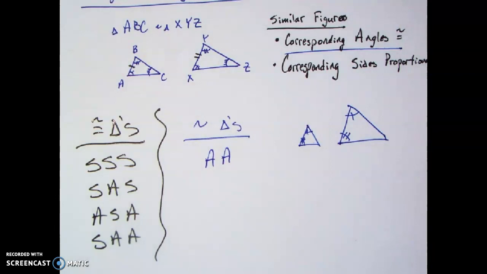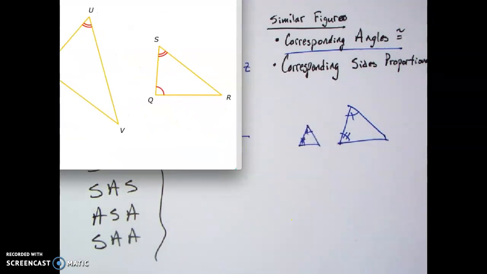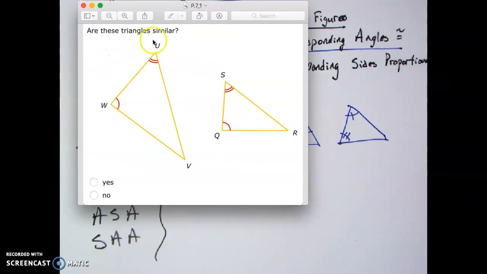In our very first example that we're looking at, we're asked, are these 2 triangles similar? Well, because angle U and angle S are congruent, and angle W and angle Q are congruent, that's enough information to be able to say, yes, these 2 triangles are similar to one another.